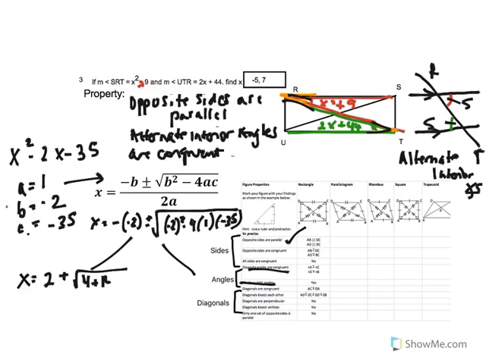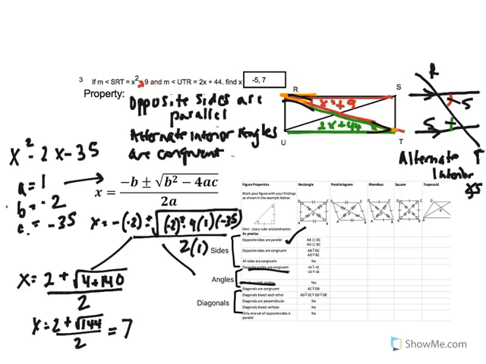In here I get 4 plus 140, right? All over 2a. All over 2. So I get x equals 2 plus the square root of 144, which is 12, over 2. So 2 plus 12 is 14, divided by 2 gives me 7.